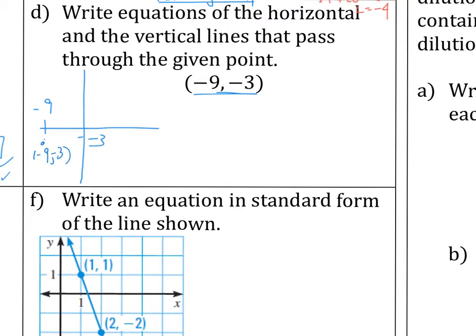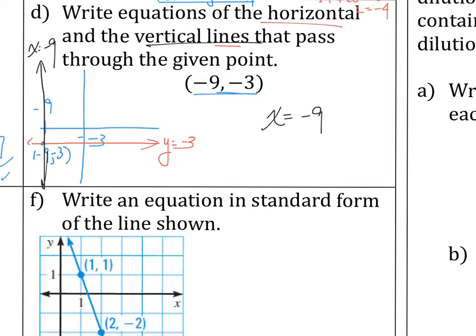So here, the horizontal line would just be this one. So this would be y equal to negative 3, and the vertical line would be, so this would be what? X equal to negative 9. So we can write our answers as x equals -9, y equals -3.